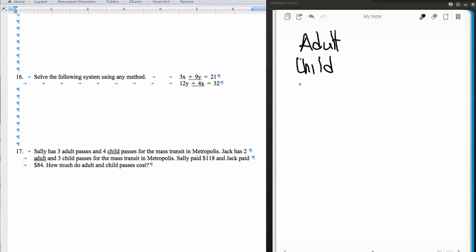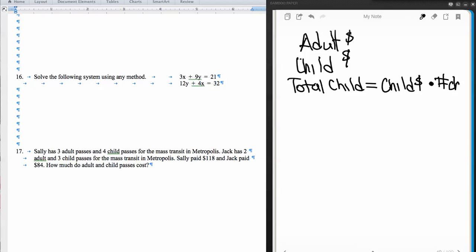So we have the cost, right? Adult cost and child cost. Those are the things that are going to be unknown. And so what we have are 2 scenarios. We have a total value for a child, which would be the child cost times the number of children.